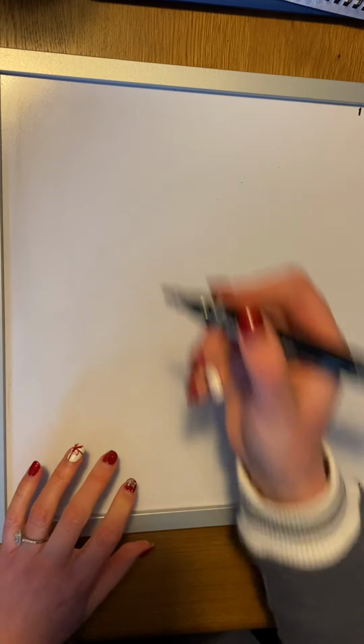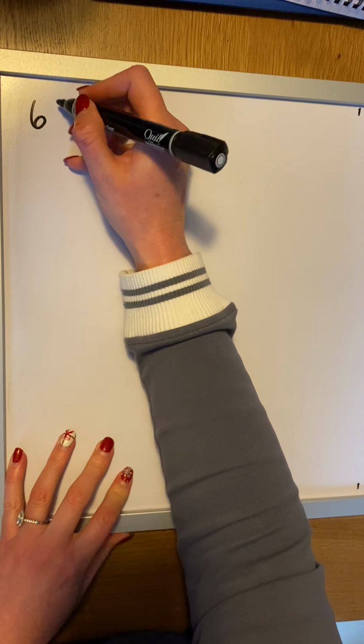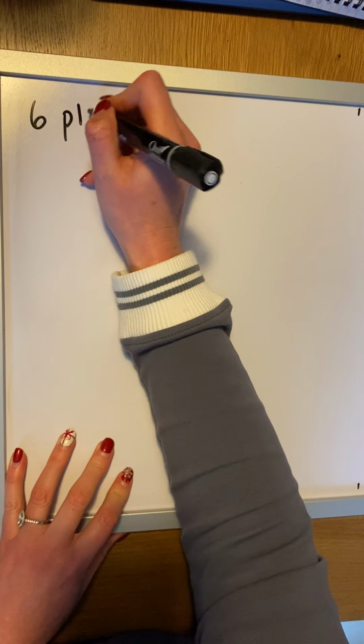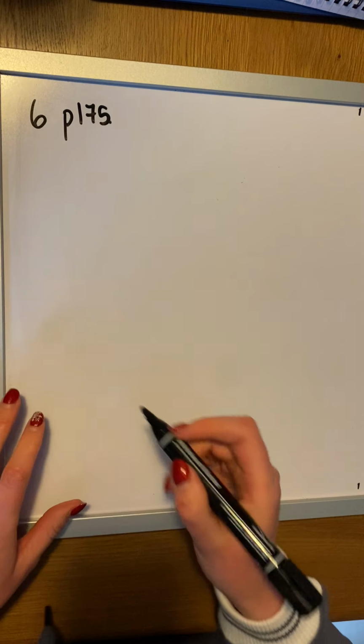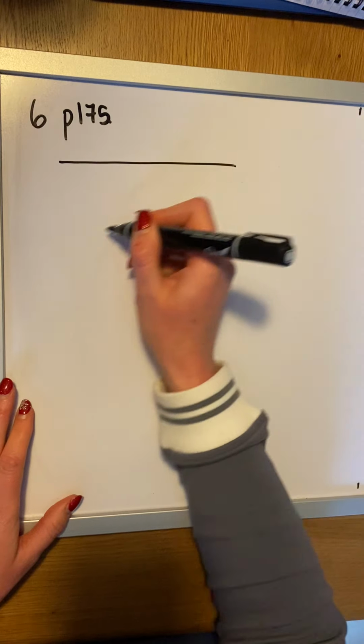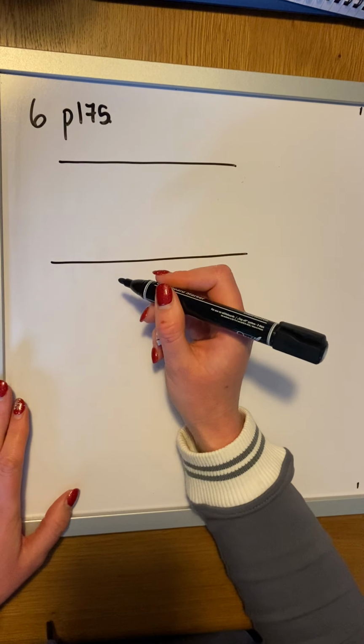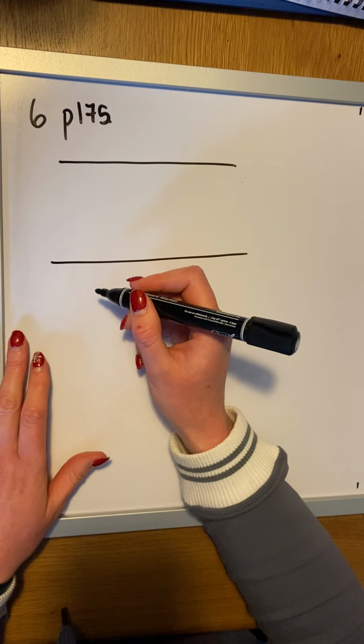So the first question we're going to look at solving is question number 6 on page 175. We have a woman who swims across a river from P to Q at 41 degrees to the bank PR, a distance of 25 meters.